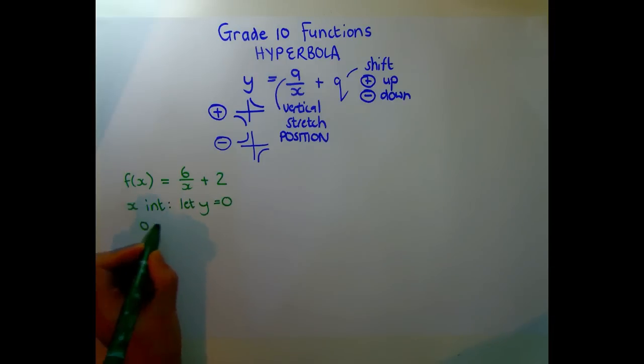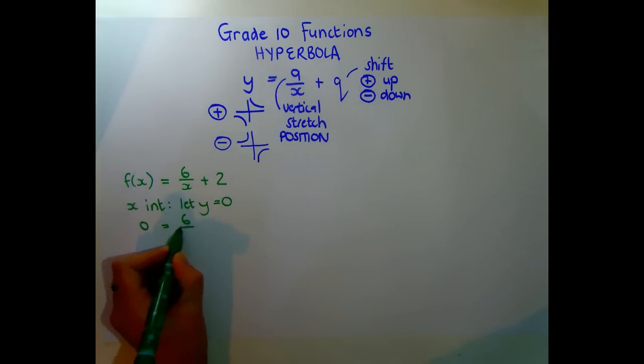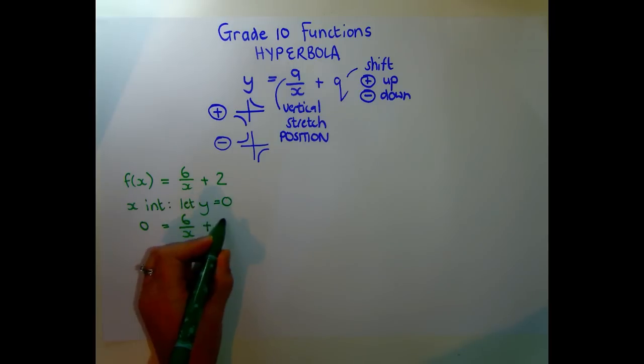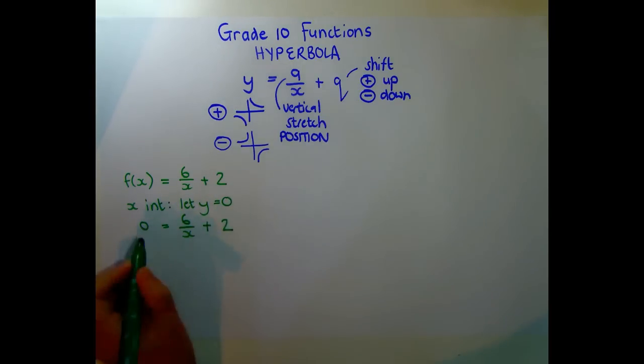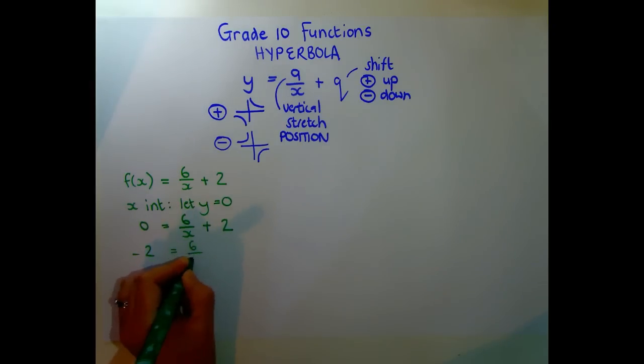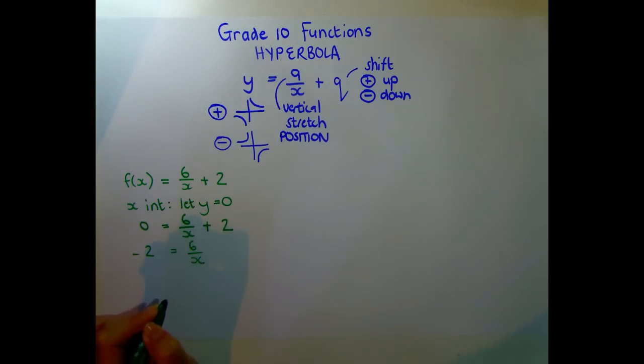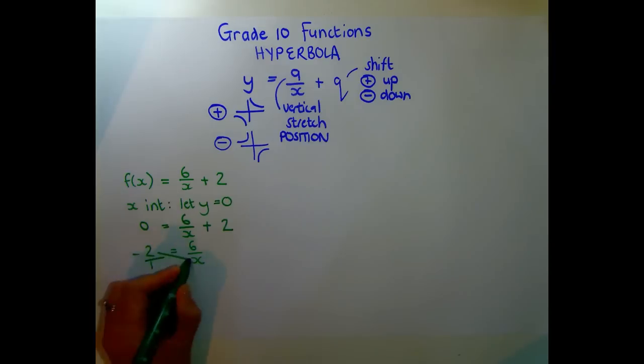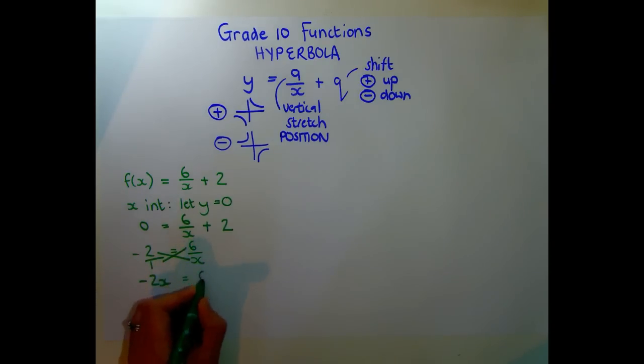So I'm going to say 0 equals 6 over x plus 2. Moving the 2 across, I've got negative 2 is 6 over x. And then if I cross multiply, I have negative 2x equals 6. This means that x equals negative 3.